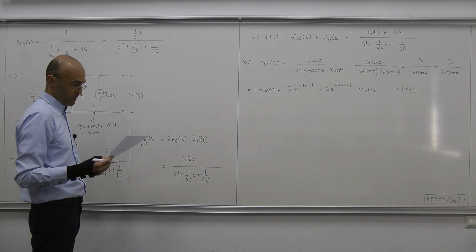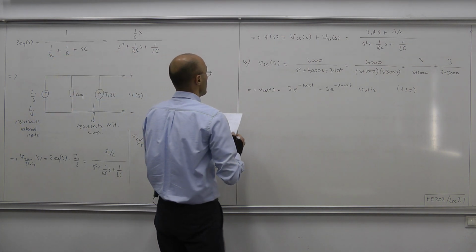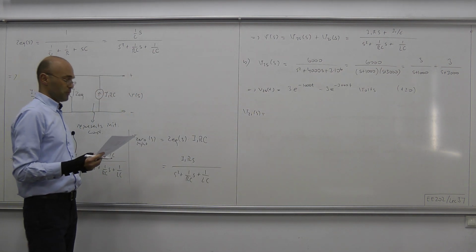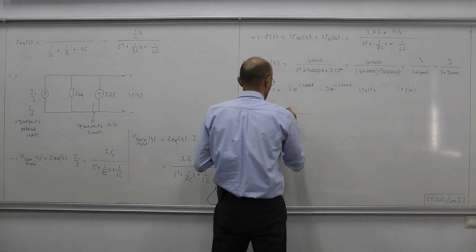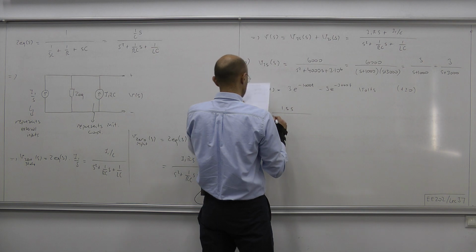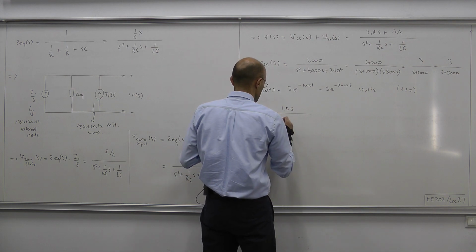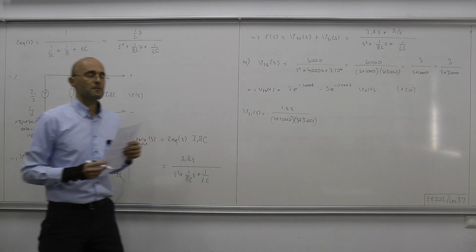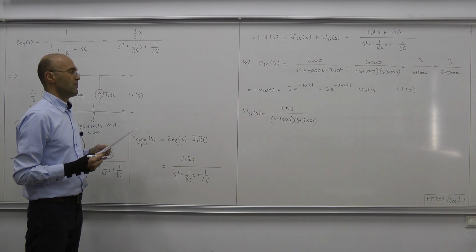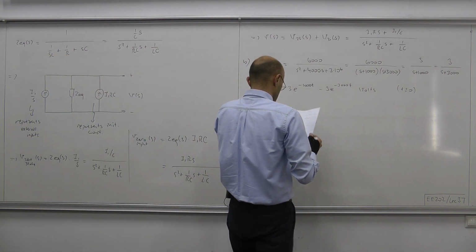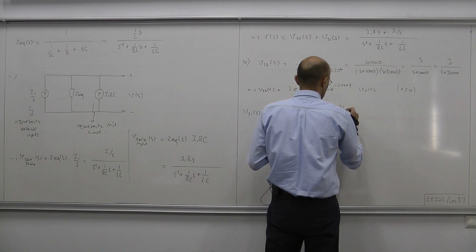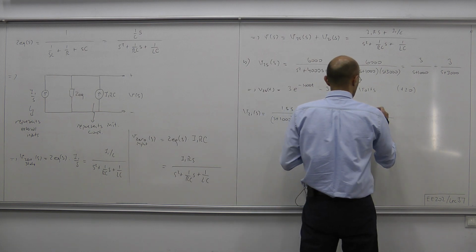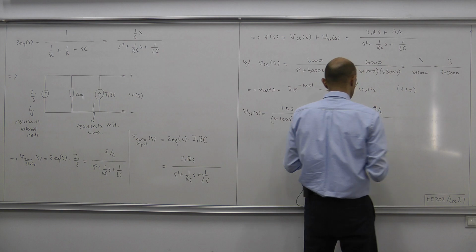So that's the zero state component. As for the zero input component, let's also do that. Zero input response in S domain reads 1.5 S over S plus 1,000 times S plus 3,000. Again, that can be written as a sum of first order terms, and that produces minus 3 over 4 over S plus 1,000 plus 9 over 4 over S plus 3,000.